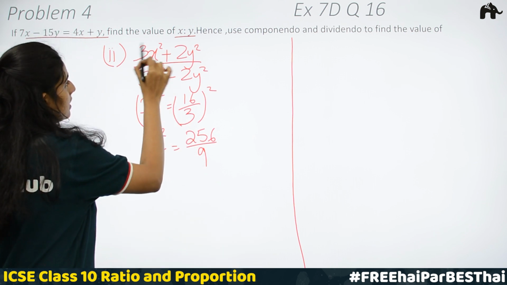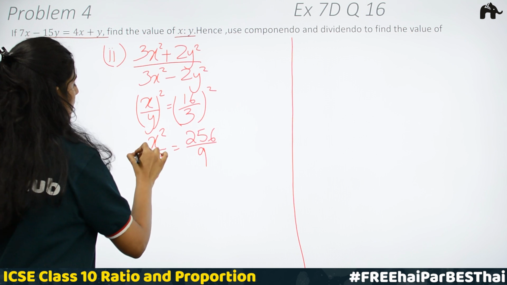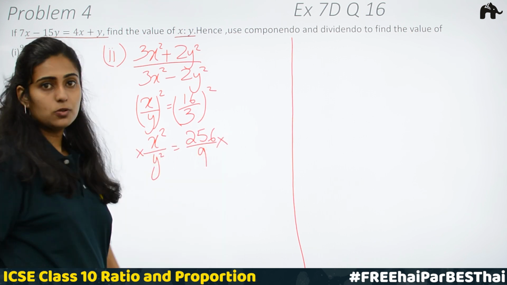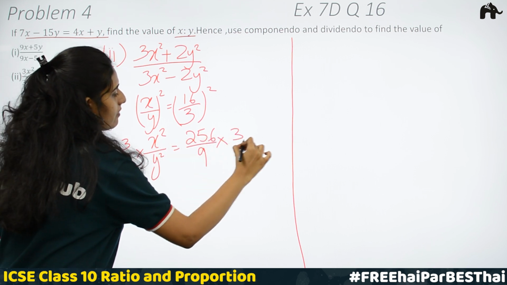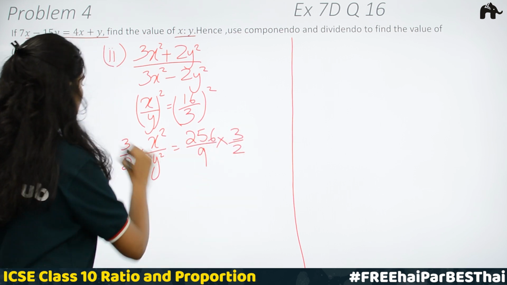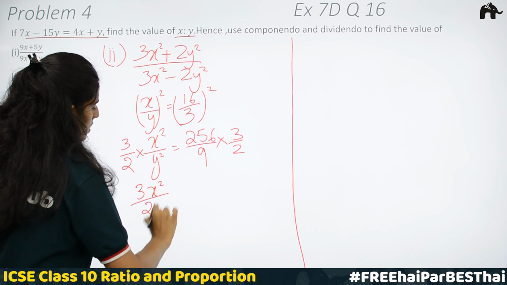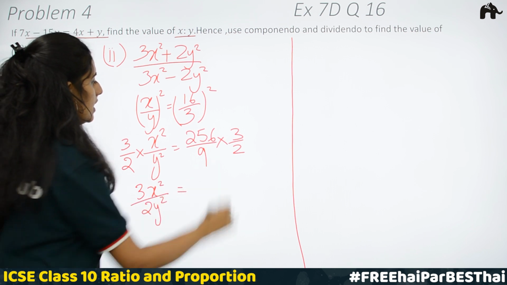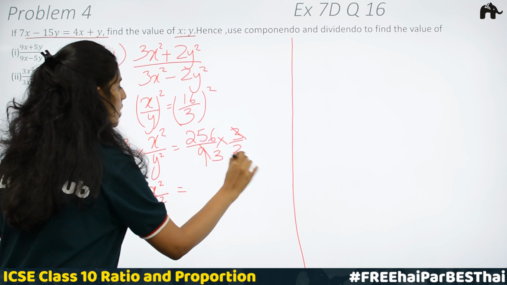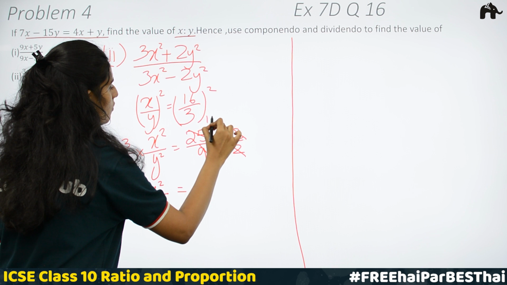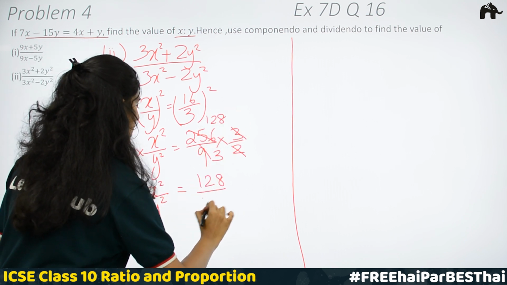Here we have 3 and 2. For applying the componendo and dividendo property, we have to multiply on both sides with 3 divided by 2. Okay, this becomes 3x square divided by 2y square is equal to, we can cancel 3 and 9, 3 into 3 is 9, 2 and 256, we get 128. So that is 128 divided by 3.